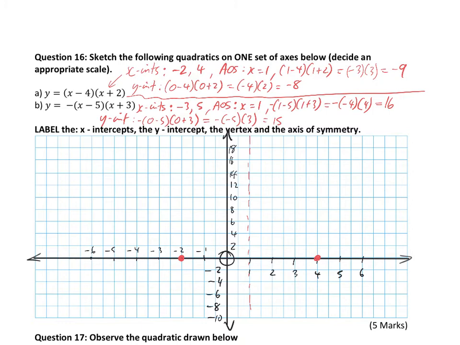My little label there is going to be in the way, so I'm going to move that. Lucky that fit, I misjudged that. So 1, negative 9. And the y-intercept is going to be at negative 8. So it's going to be the same on the other side.